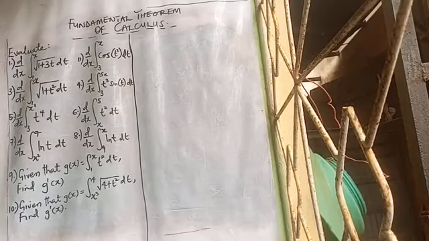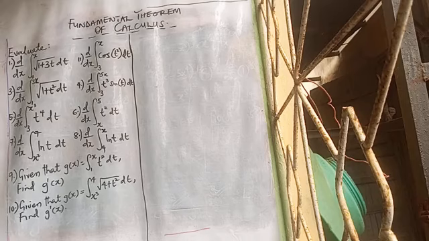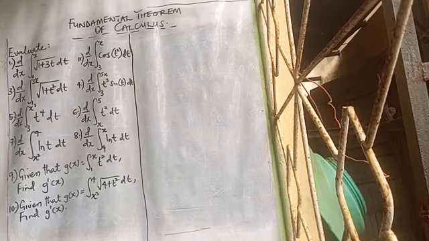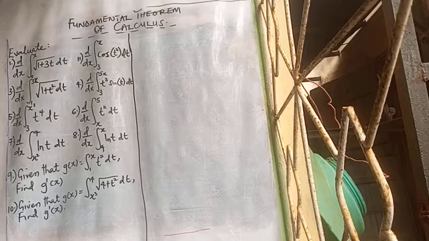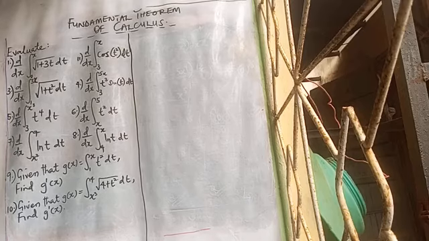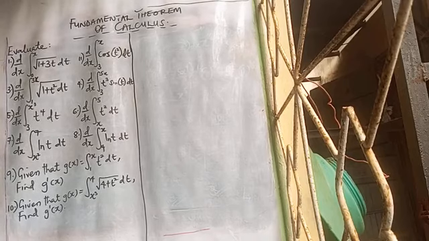Hello, still on our class on the fundamental theorem of calculus. And if you look at the board, I have 10 questions on the board, which we'll try to solve today.